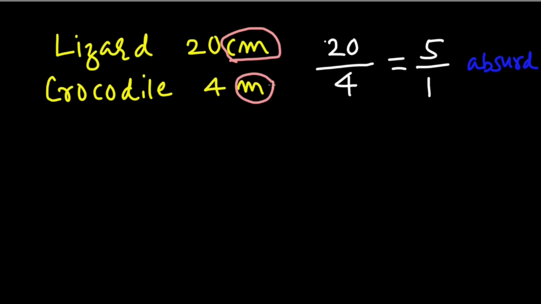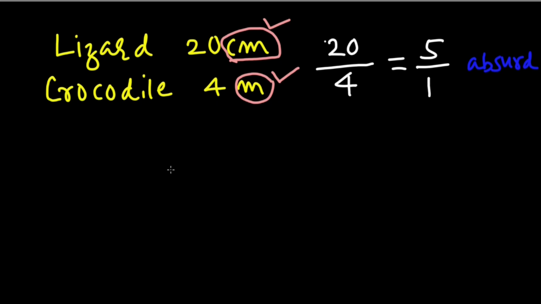The length of the lizard is in centimeters and that of the crocodile is in meters. So when we take the ratio by disregarding the units of measurement, we get a wrong ratio. Therefore, it is a must to take the ratio of similar quantities only when they are in the same units.